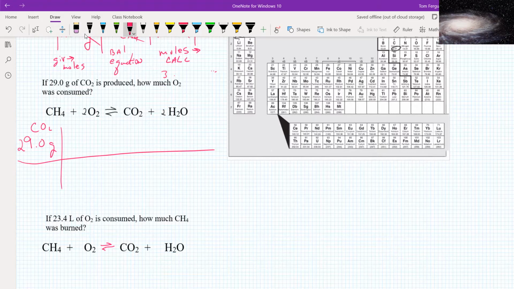No, it doesn't matter. Gas weighs, and it also occupies volume. Okay, so how much means what? Grams. Okay, so step number one is grams to moles.